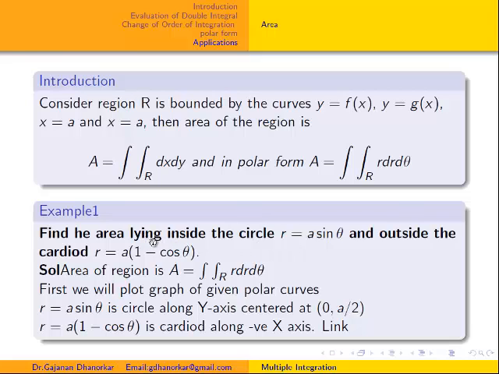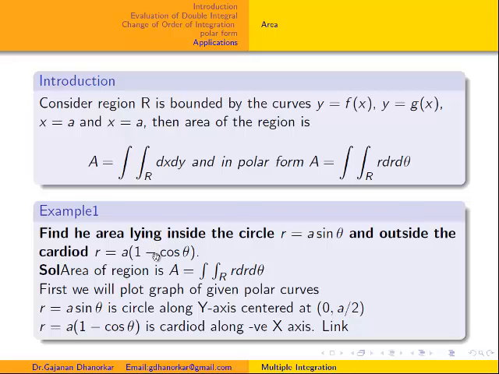Find the area lying inside the circle r is equal to a sin theta and outside the cardioid r is equal to a into 1 minus cos theta. Again, in the previous lecture on polar form, in the beginning I had given some standard curves. In the standard curves, r is equal to a sin theta was there, but instead of a that was 2a sin theta, and here also the cardioid was there, but I had taken this cardioid with plus inside.